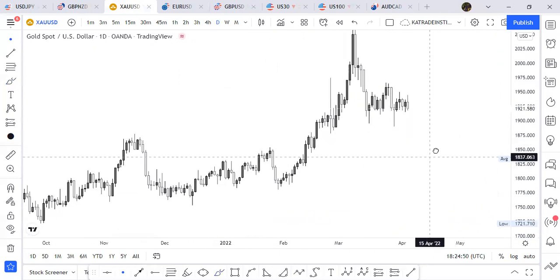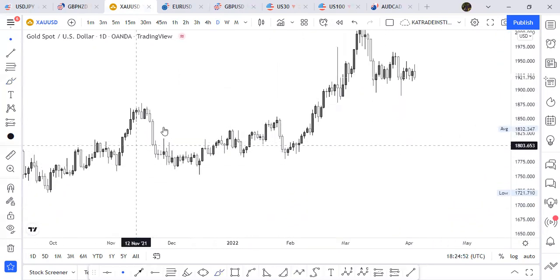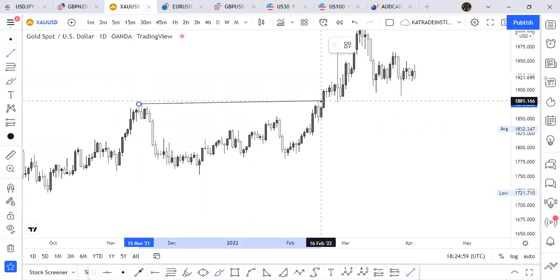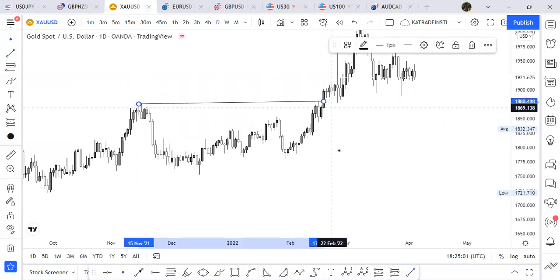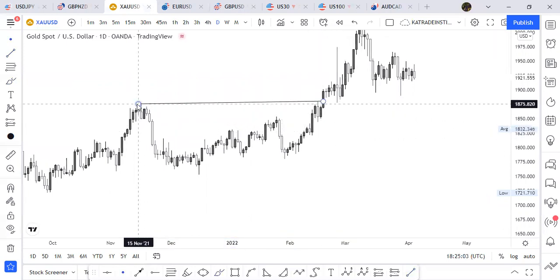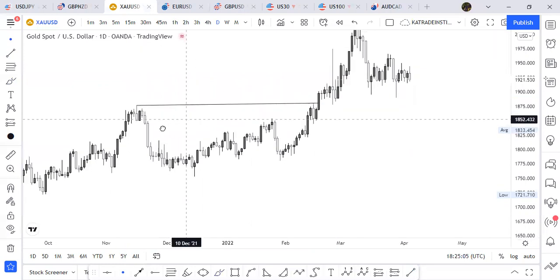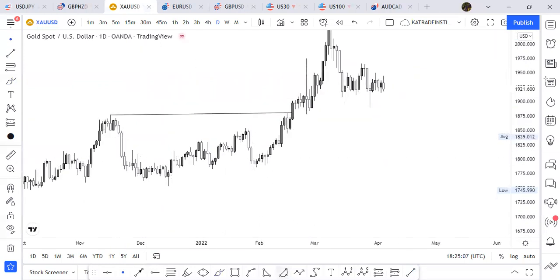If you see the daily time frame of gold, for instance, you will see that from this area we have internal structure and then complex internal structure to learn, of course.